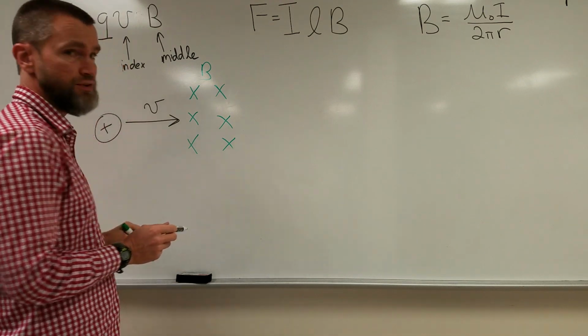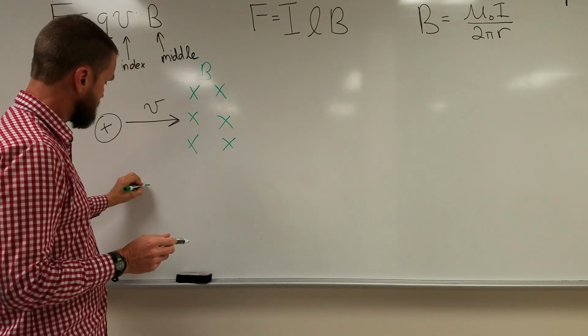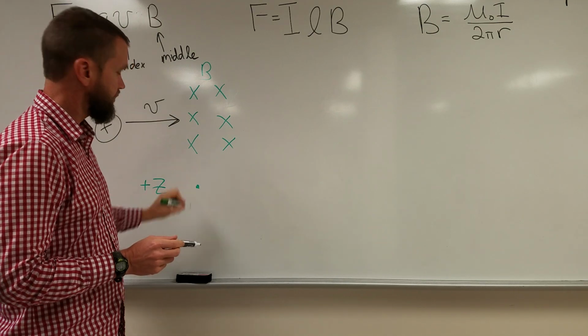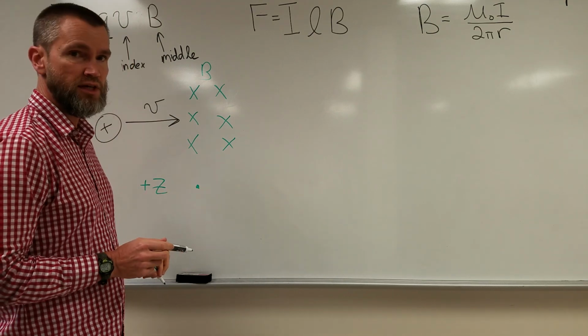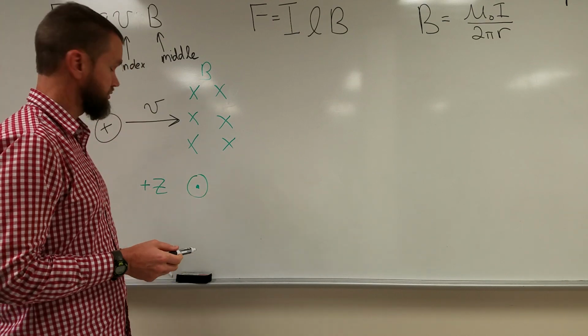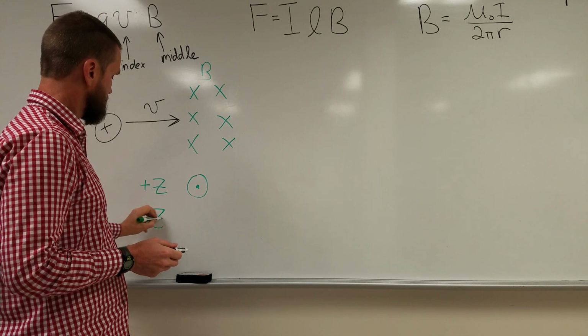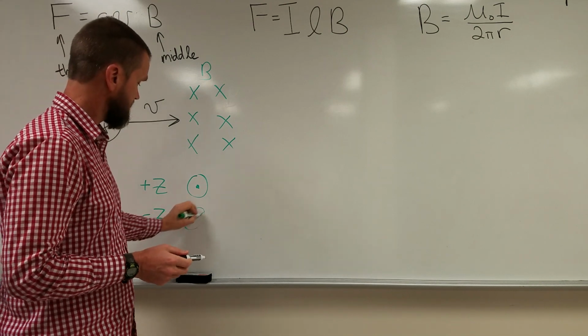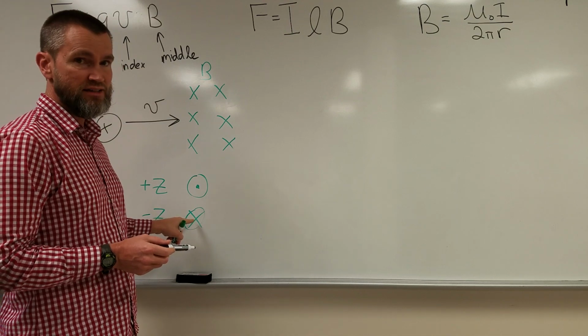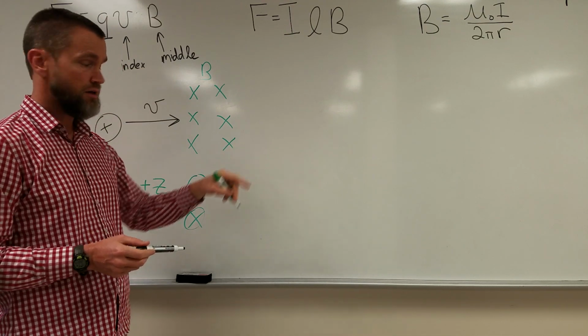Remember your symbols for the plus and minus Z. So for plus Z, which is out of the page, it looks like an arrow that's coming towards you. That's just like the tip of the arrow. Often, we'll draw a circle around this. Or sometimes we don't. We'll just use dots. The negative Z direction is like an arrow going away from you, going into the page. And we draw it like the fletching of an arrow if we see it going away from us.